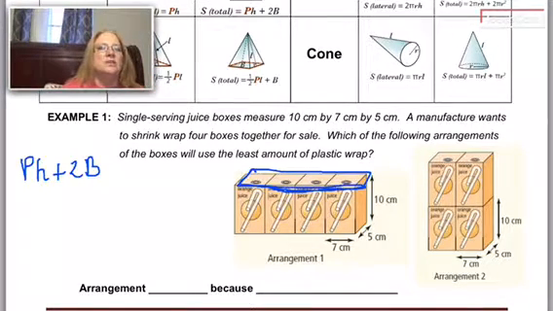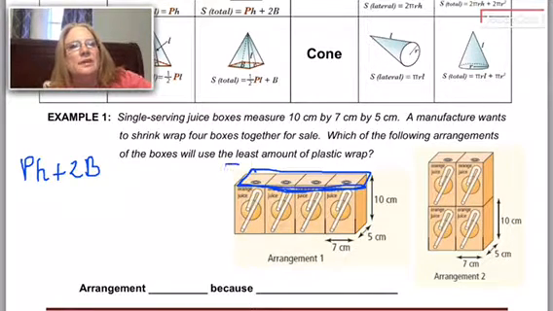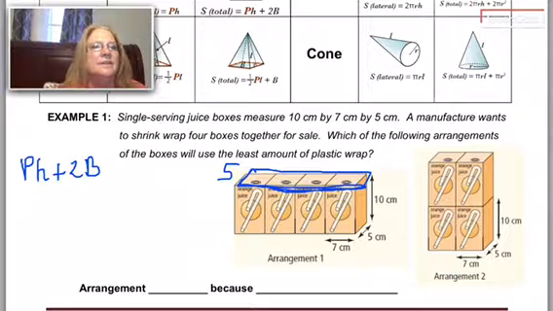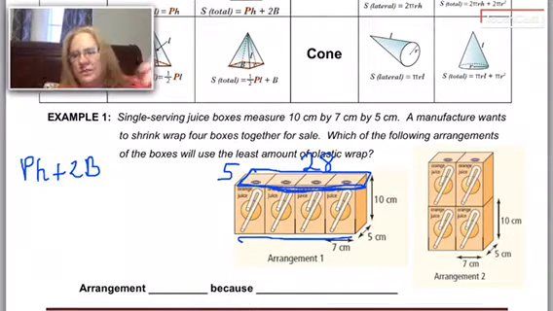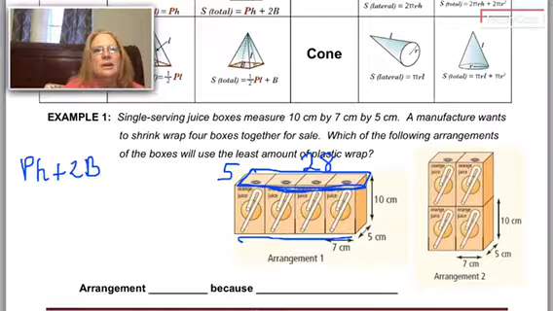So this is a rectangle. The width of this rectangle is 5, and the length, well, each box is 7, and there's 4 of them, so that would be 28. So the perimeter of that base is 66.